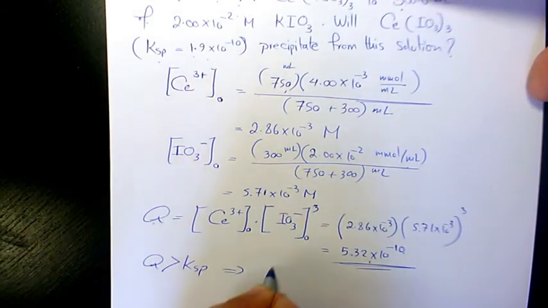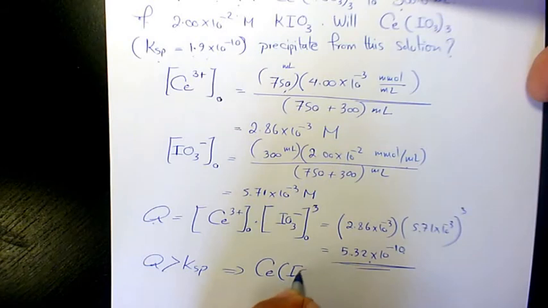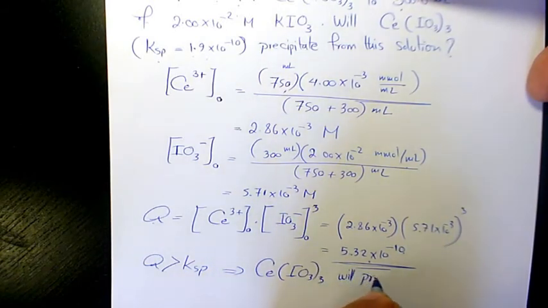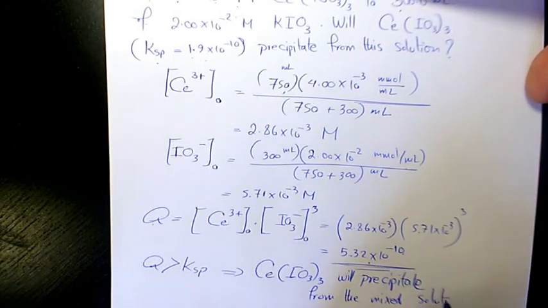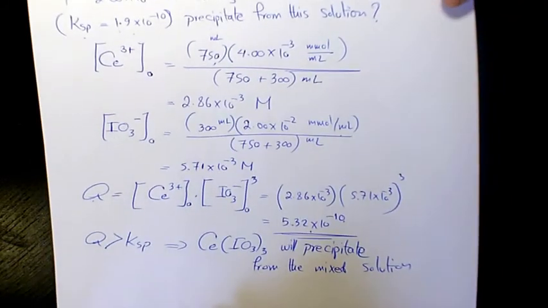It means that cerium iodate will precipitate from the mixed solution. That's how we figure out if we have precipitate or not.